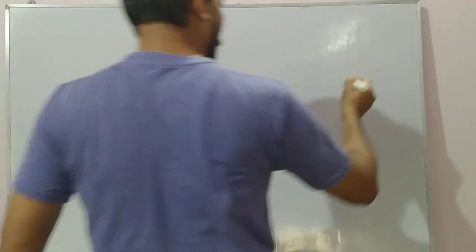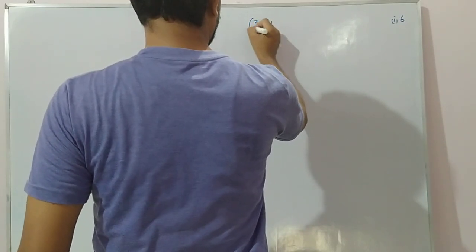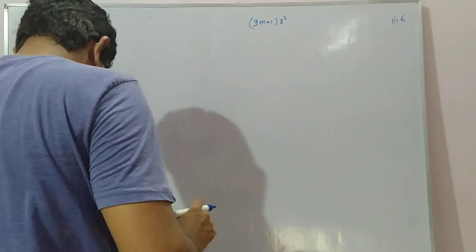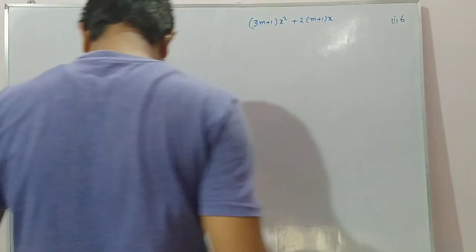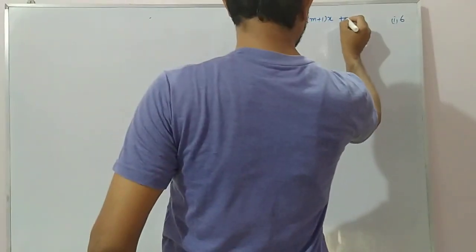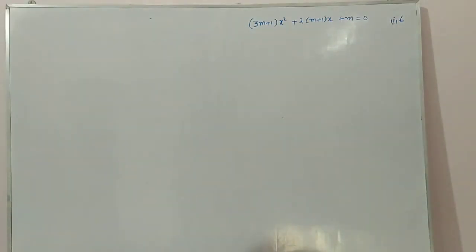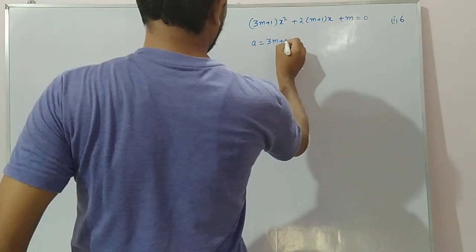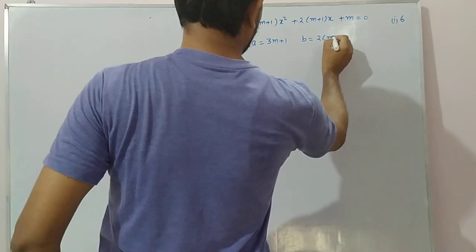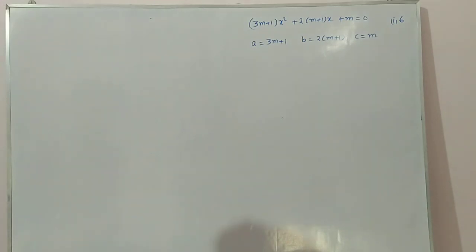Same thing, it is 6 number 1. 3m plus 1 x square plus 2 into m plus 1 into x plus m equal to 0. So here a, that is 3m plus 1, b, that is 2 into m plus 1, c, that is equal to m. Now you have to find the value of m if the roots are real and equal.